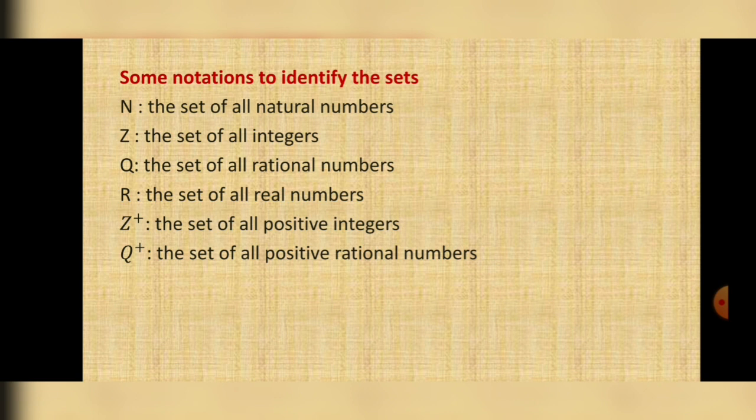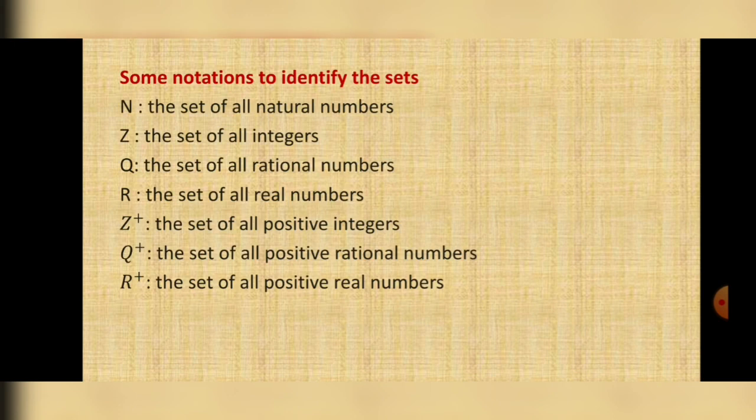Q plus, the set of all positive rational numbers. Next, R plus, the set of all positive real numbers. So these are some important notations to identify the sets: natural number, integer, rational, real numbers, positive integer, positive rational number and positive real numbers.